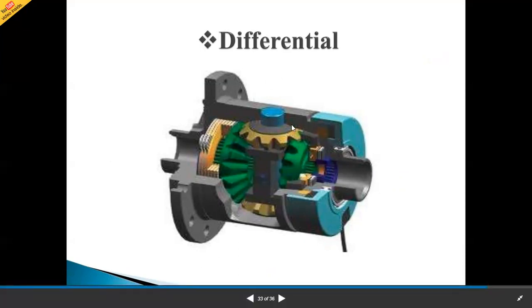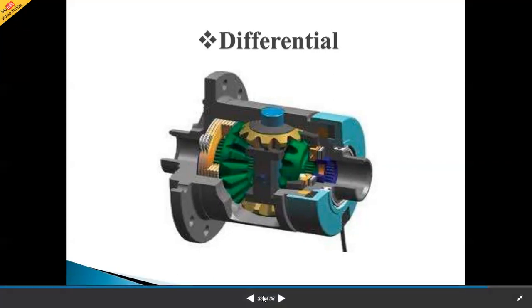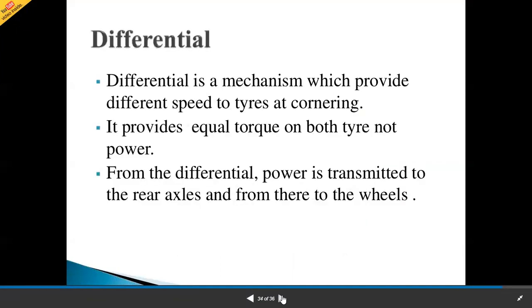This is the main feature of the differential gearbox, and generally the differential is available at the rear portion of the vehicle. The engine is generally located at the front portion. So from the propeller shaft, the rotation comes from the engine towards the differential gearbox, and the differential gearbox transmits rotation towards the rear wheels, and in this way the vehicle moves.